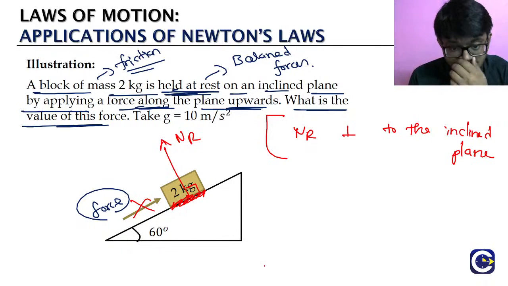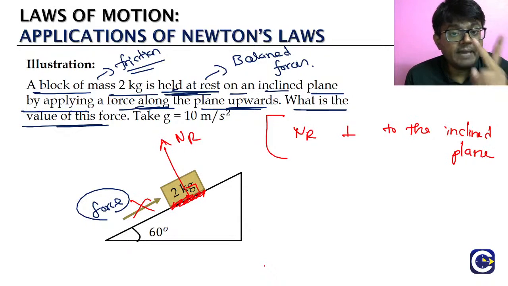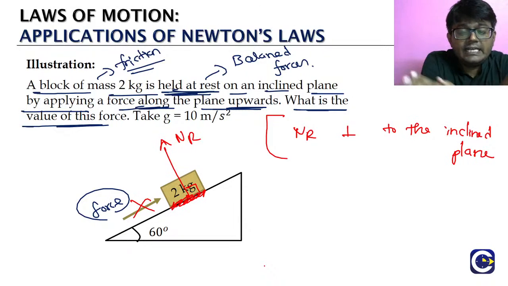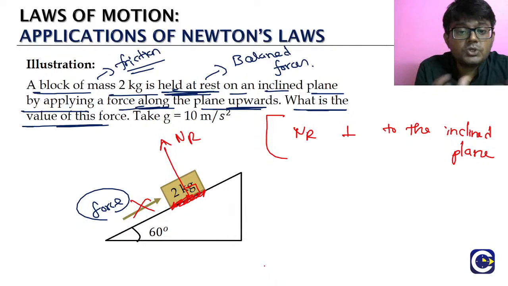When you talk about the directions for balancing of forces, we can take a maximum of 2 directions which are perpendicular to each other. Usually we take horizontal and vertical, but in which case do we do otherwise? The inclined plane case.